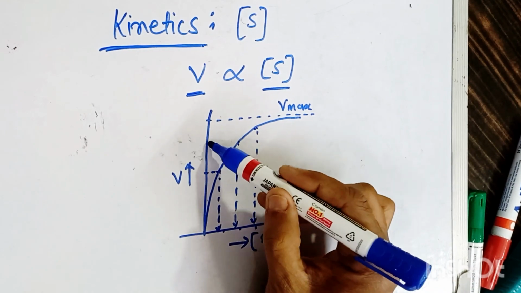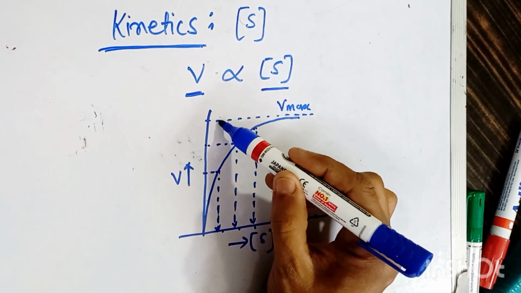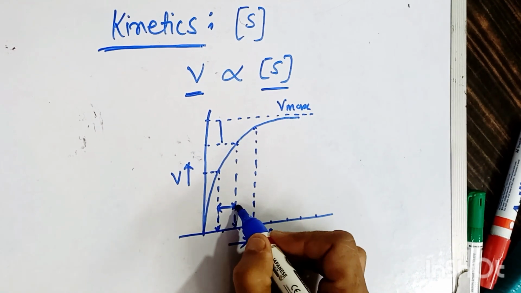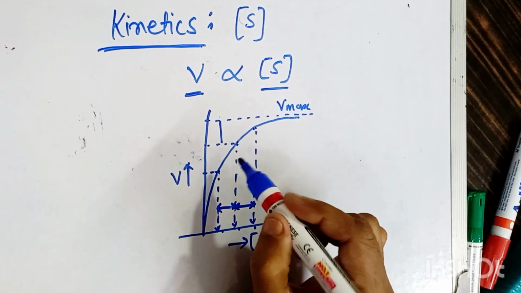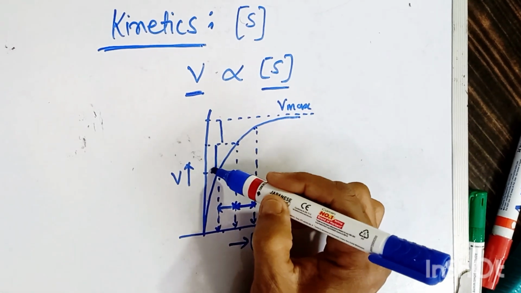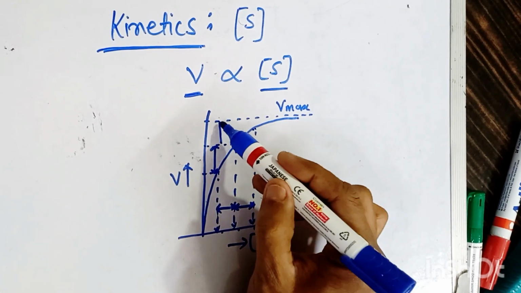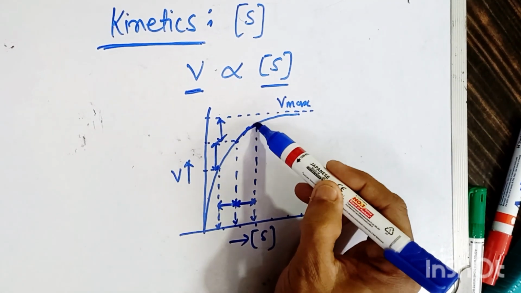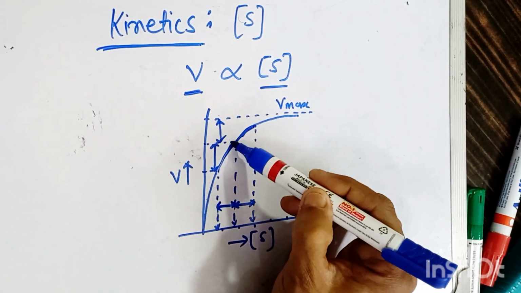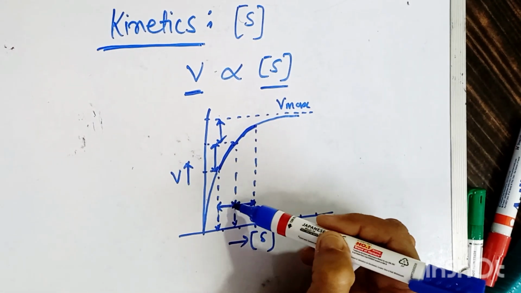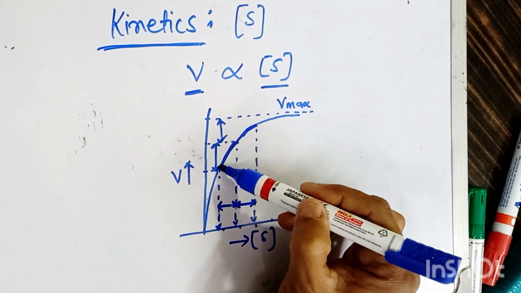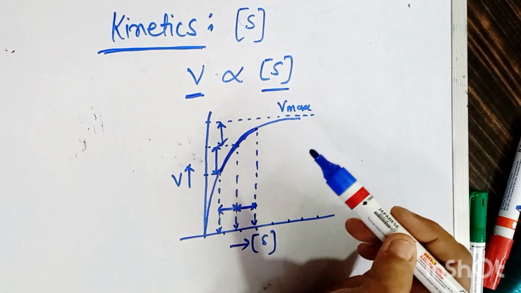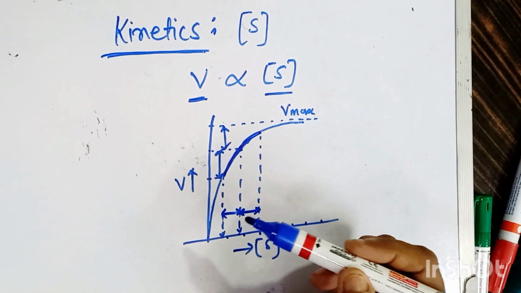The difference in substrate concentration is the same here, but the change of velocity here is bigger than this change of velocity. So the velocity has increased in a lower fraction here, but here the velocity has increased more with the same increase in substrate concentration than in this portion of the curve. So this has an explanation.